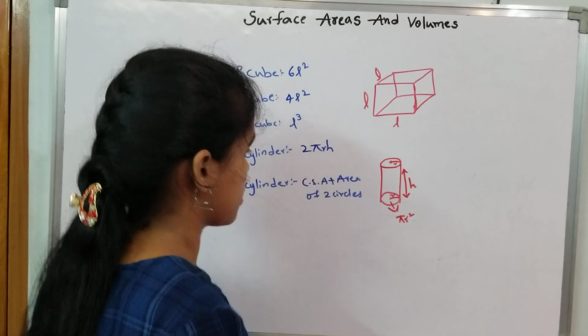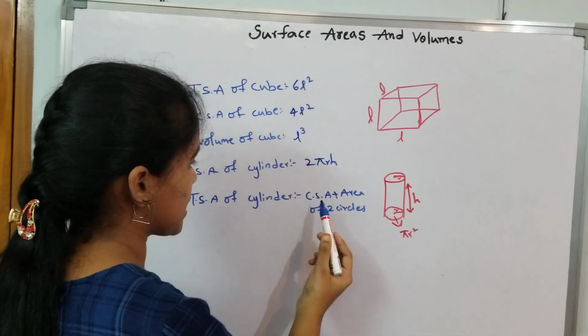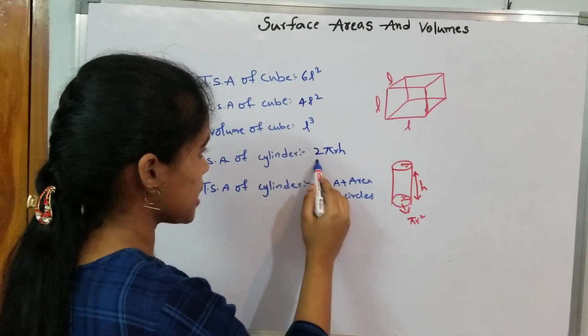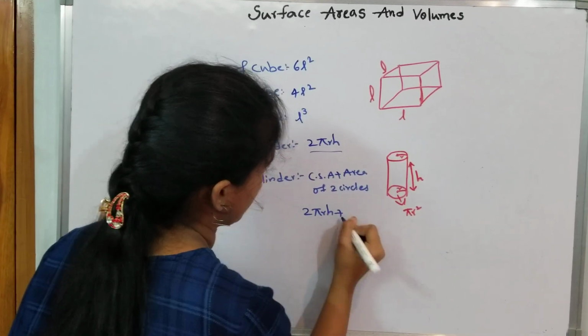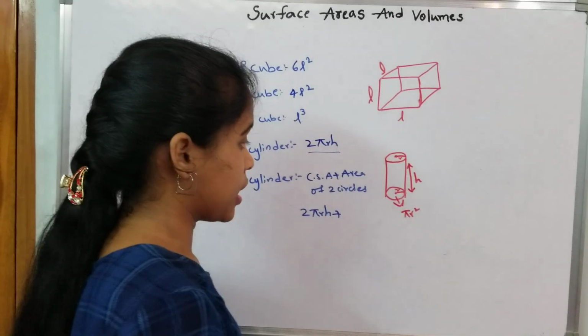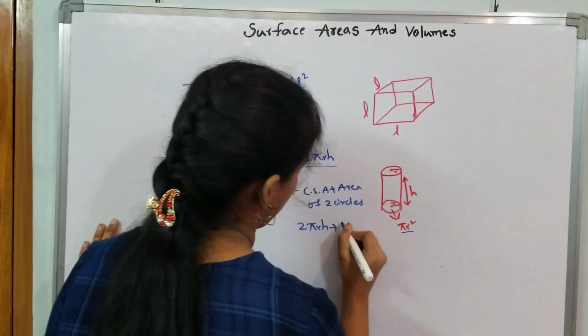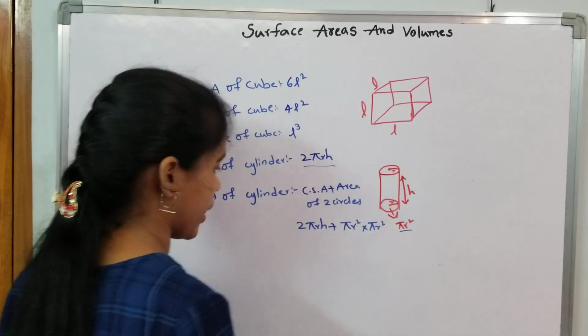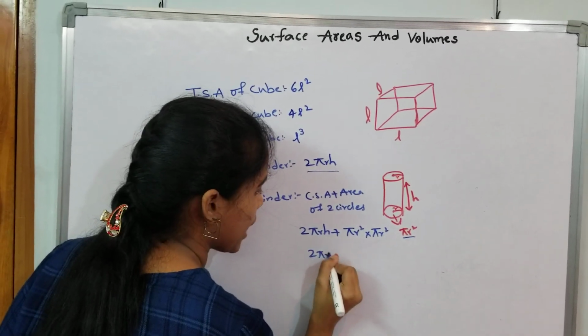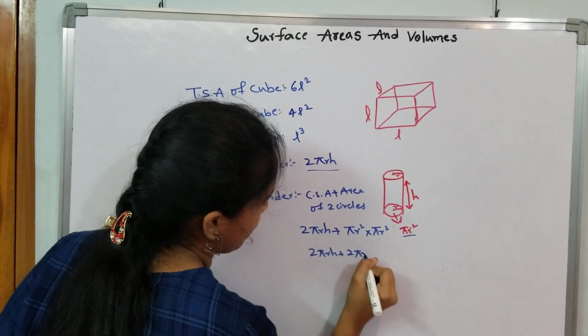What is the CSA? Curved surface area is 2 pi r h, plus the area of 2 circles, which is 2 pi r square. So 2 pi r h plus 2 pi r square.